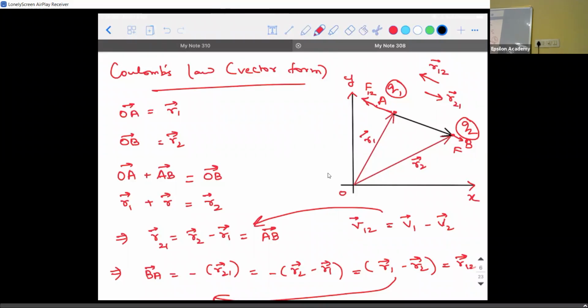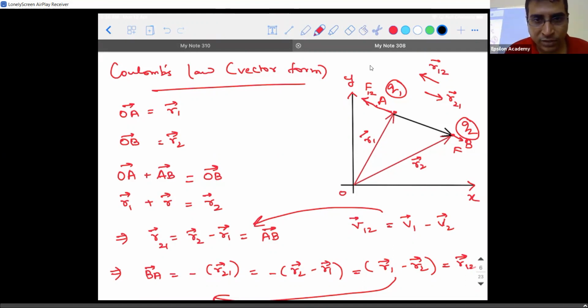Similarly, F21 is the force experienced by the second charge due to the first charge.